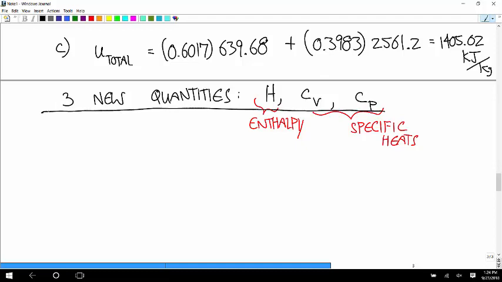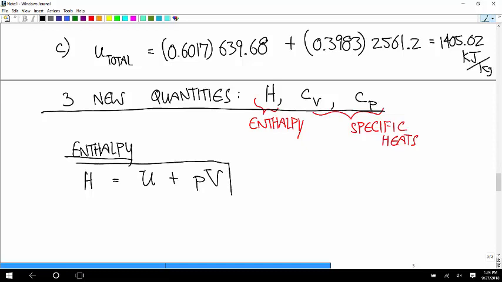Okay, so first, enthalpy. This value of capital H is equal to the total internal energy plus the pressure times the volume. There is kind of a rough physical interpretation of this.